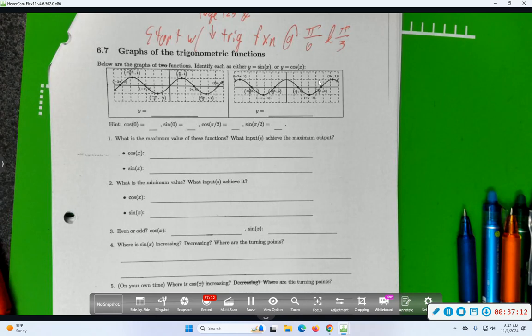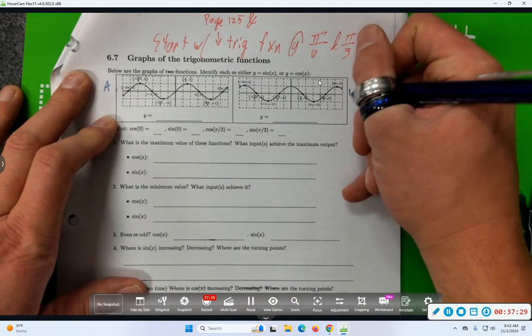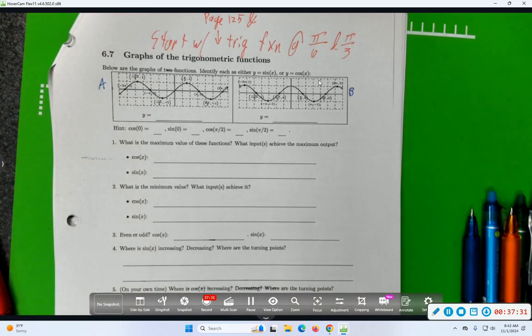All right, so here are two graphs. Multiple choice question. One of those is sine, the other one's cosine. Which one is which? Sine goes through 0.